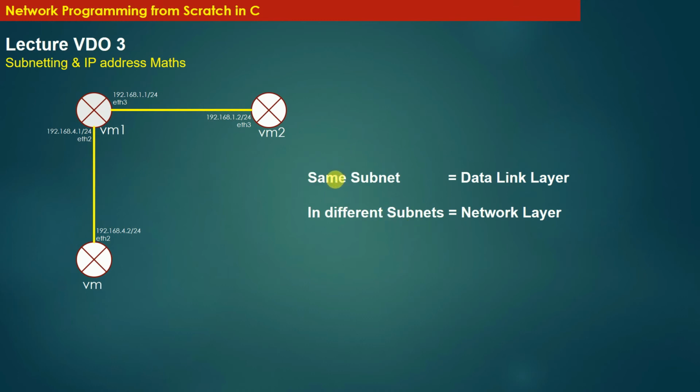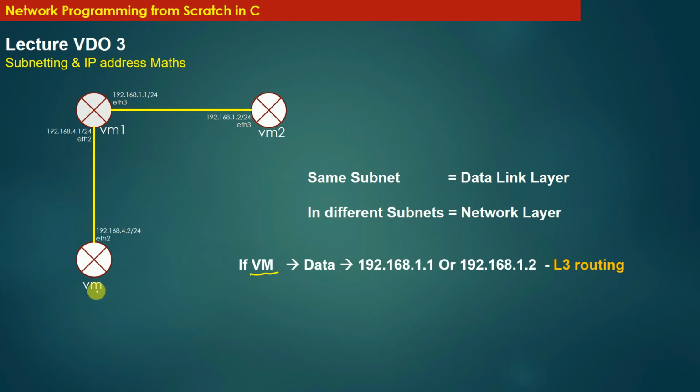So once again you can see in this example that suppose the router VM wants to send data to the machine which has IP address 192.168.1.1, or to the machine which has IP address 192.168.1.2.